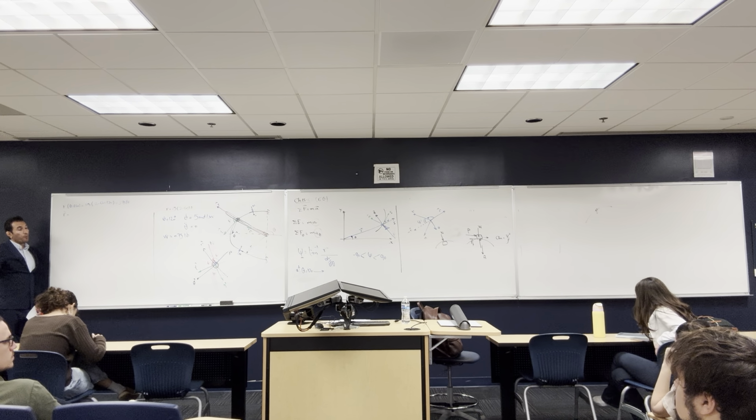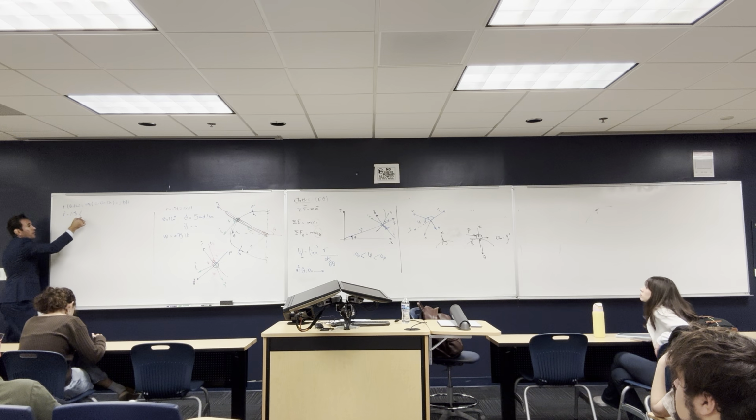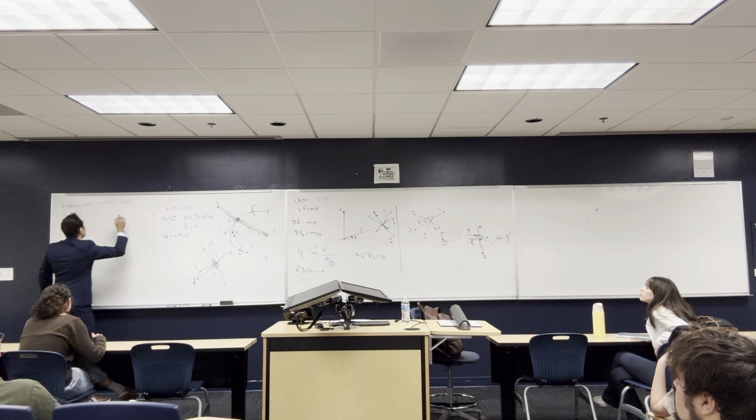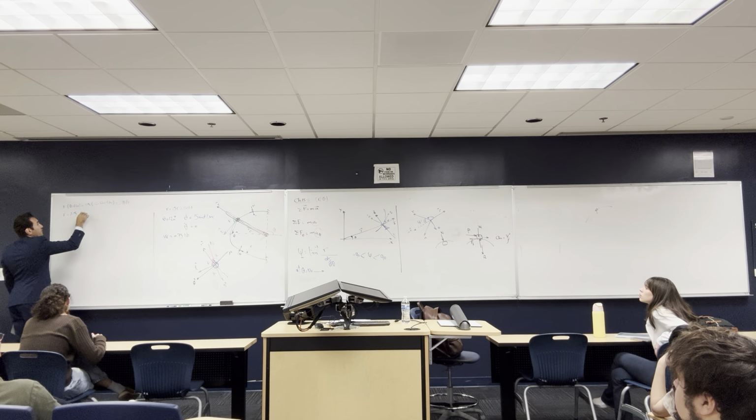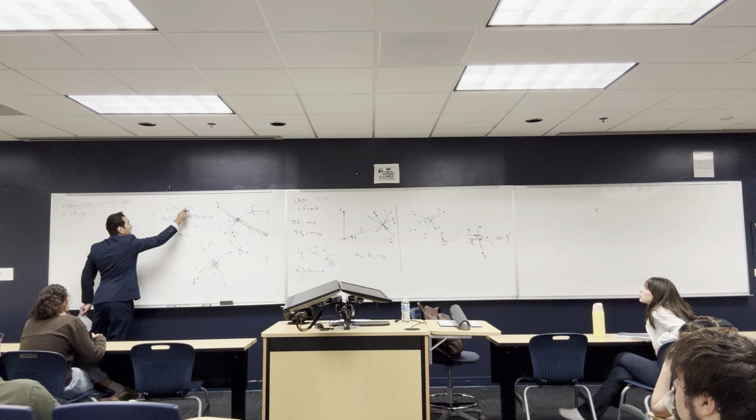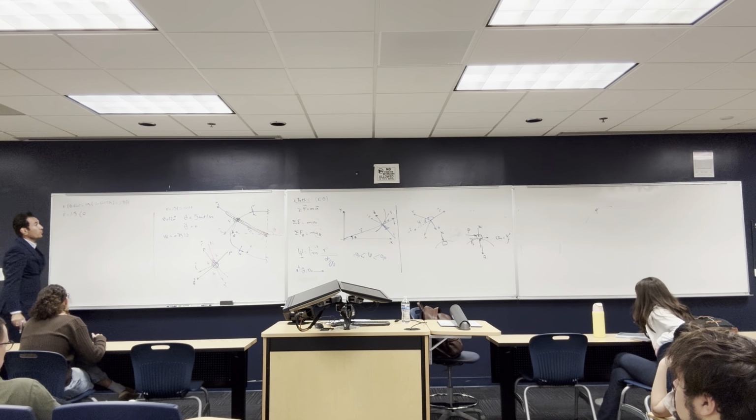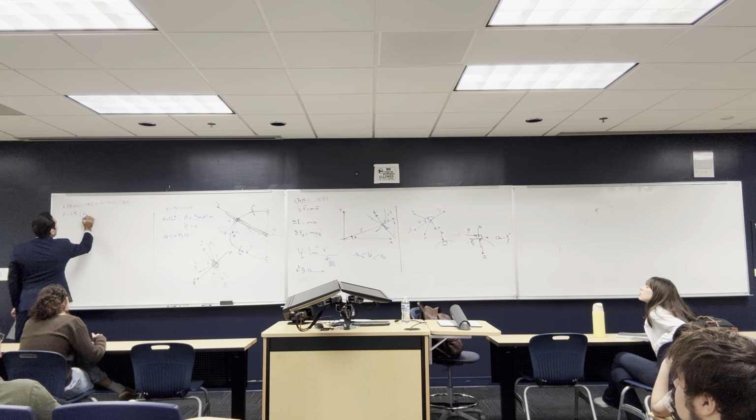Can you differentiate 1.5 parentheses 2 minus cosine theta? It's gonna be 1.5. What is the derivative of 2 with respect to the time? 0. What is the derivative of negative cosine theta with respect to the time? It's gonna be negative minus what? What is the derivative of a cosine?